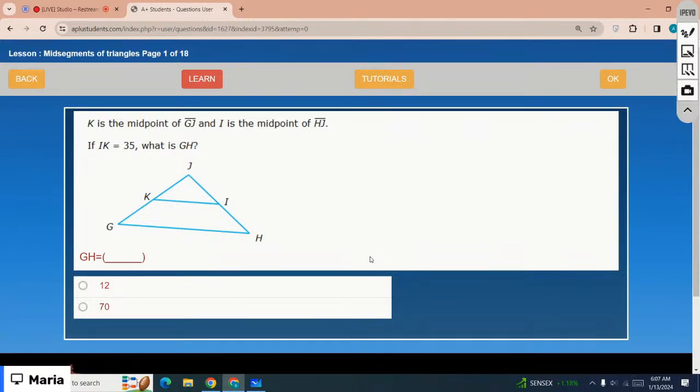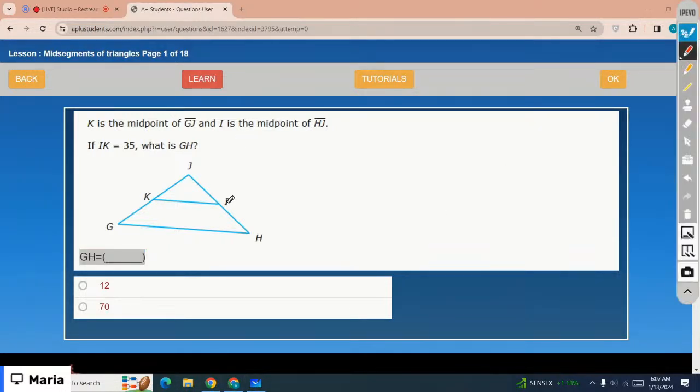Okay, K is the midpoint of GJ, and I is the midpoint of JH. So if K is the midpoint of JG and I is the midpoint of HJ, that means IK is the mid segment of triangle JGH. So IK is exactly half of GH.